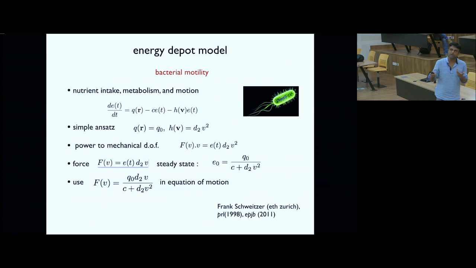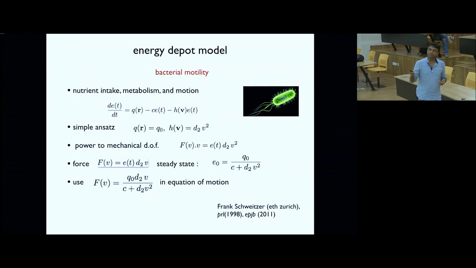So what could be the naive dynamics of such an internal energy depot? Let's say I'm thinking about a bacterium. The bacterium eats some food, so that's the energy increase, the gain term. Then it has to metabolize, so a part of the energy will be lost to metabolism. And then there will be a part of the energy which will be utilized for the motion of the bacterium.